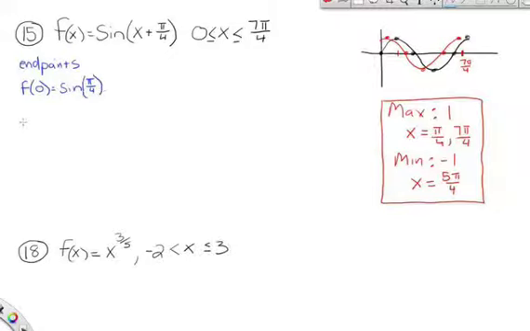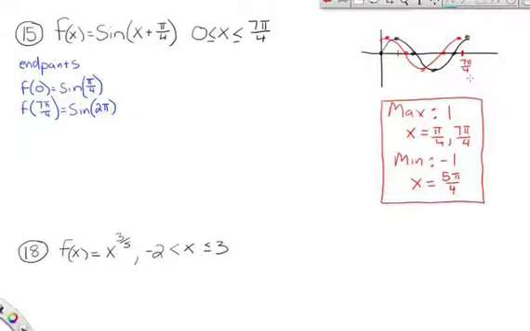Plug in 0. I know I need to check f of 7 pi over 4, and that's going to equal the sine of 7 pi over 4 plus pi over 4 is 8 pi over 4, or 2 pi. So I know I need to check these values.